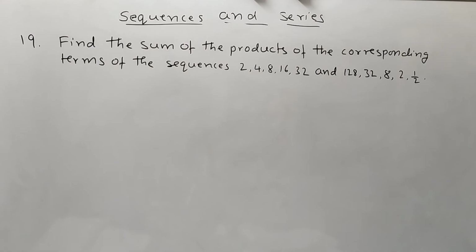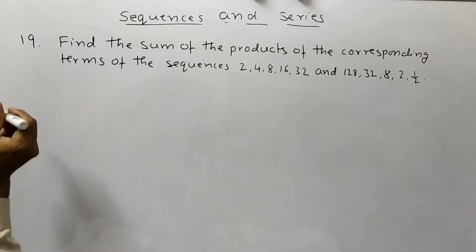Question number 19. Find the sum of the products of the corresponding terms of the sequences 2, 4, 8, 16, 32 and 128, 32, 8, 2, 1 by 2. Solution.